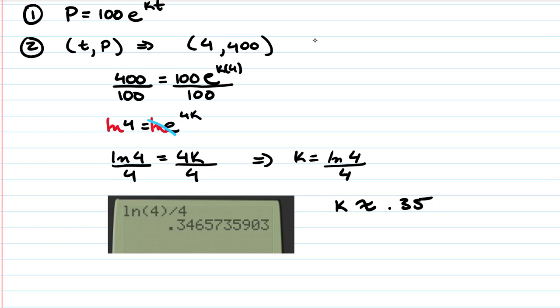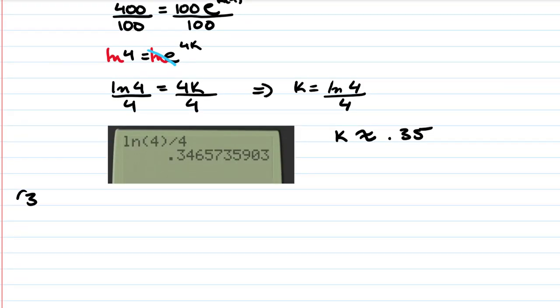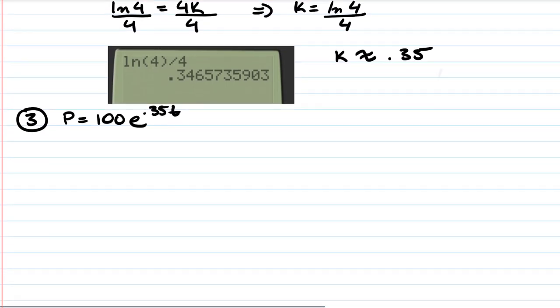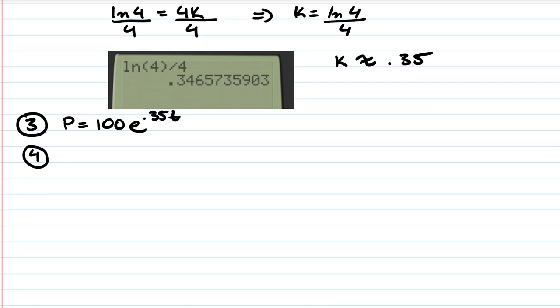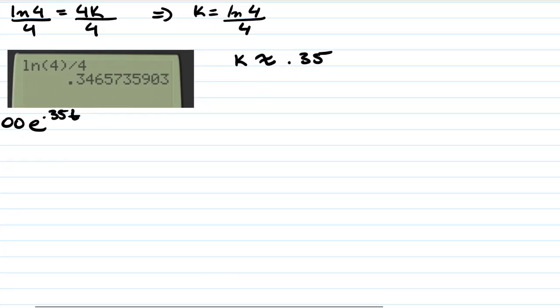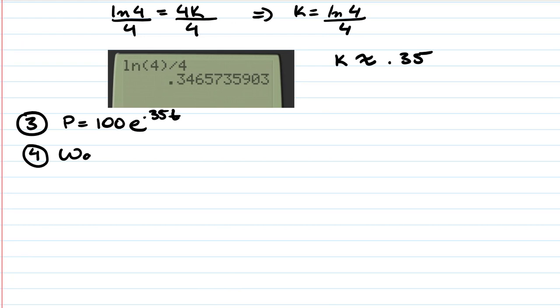Then step 3 says we put our k value back into our equation from step 1, so that's P equals 100 e to the 0.35t. And then lastly, step 4 says we're going to answer the question. So our question said the following: we want P when t is equal to 48, because we want to know how many bacteria, so what's the population going to be after 48 hours?